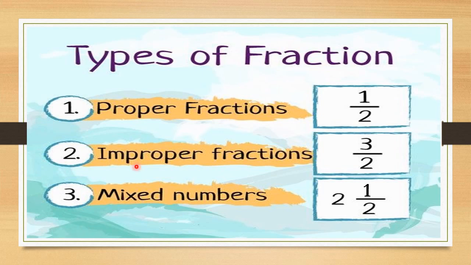Second one is improper fraction: the numerator is greater than or equal to the denominator, that we call an improper fraction. And third one is mixed numbers: one whole number and a second proper fraction, that we call a mixed number.